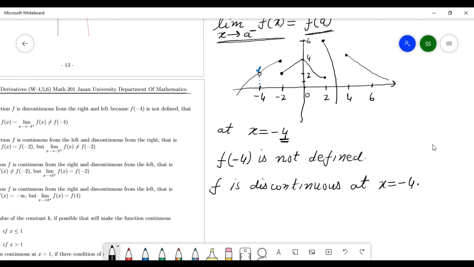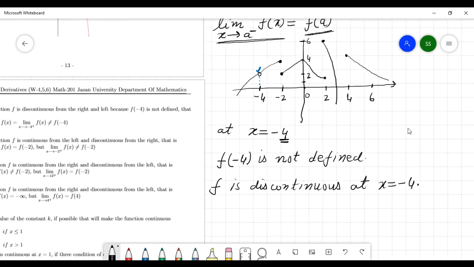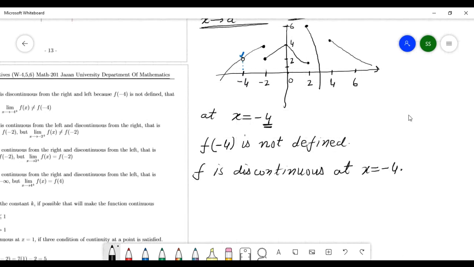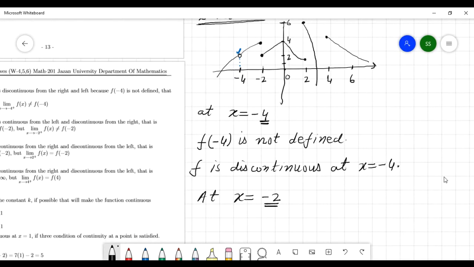Now come to this point, -2. Come to this point -2. See here -2. Check at this point, at x equal to -2. So first you check at x equal to -2.